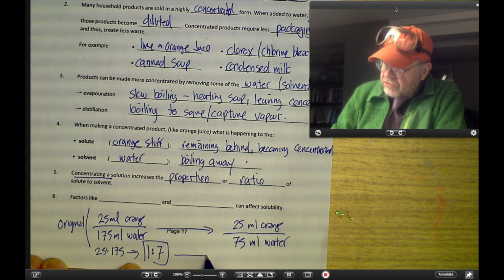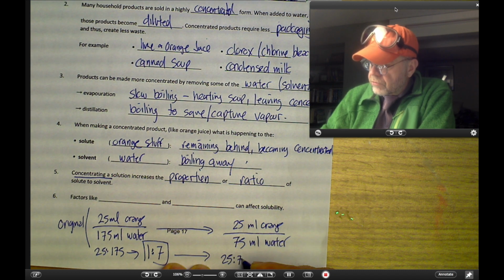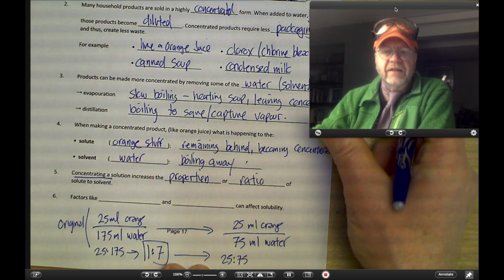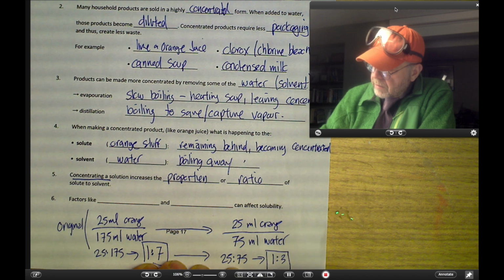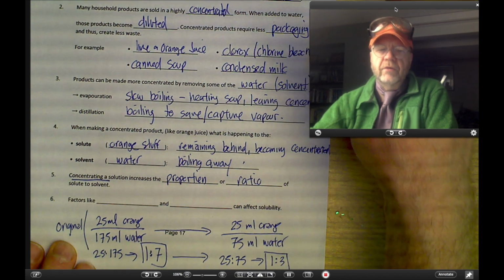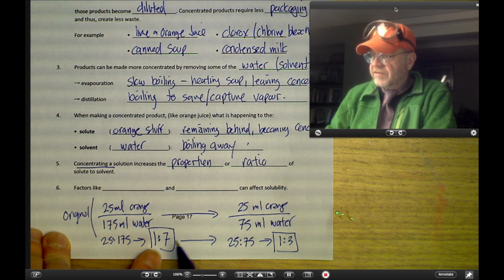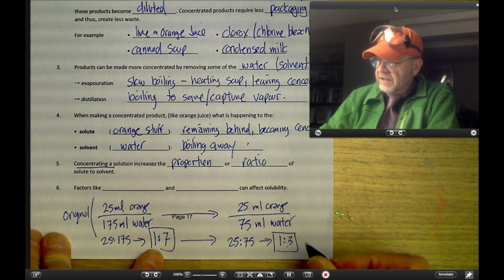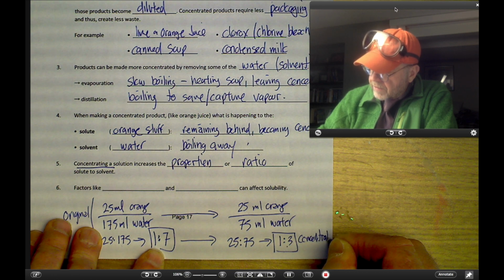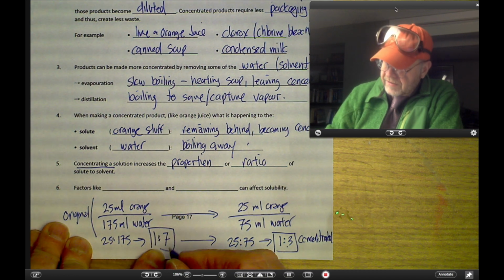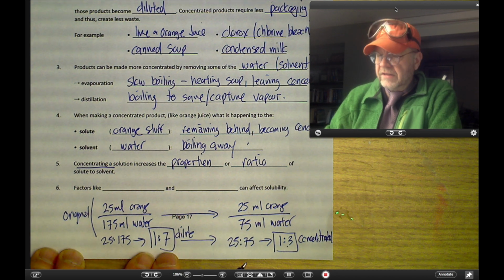When I concentrate, I'm changing the ratio to this, and when I simplify that fraction, it becomes 1 to 3. So there are your two ratios, the simplified proportions. This is concentrated. This is dilute, the drinking stuff.